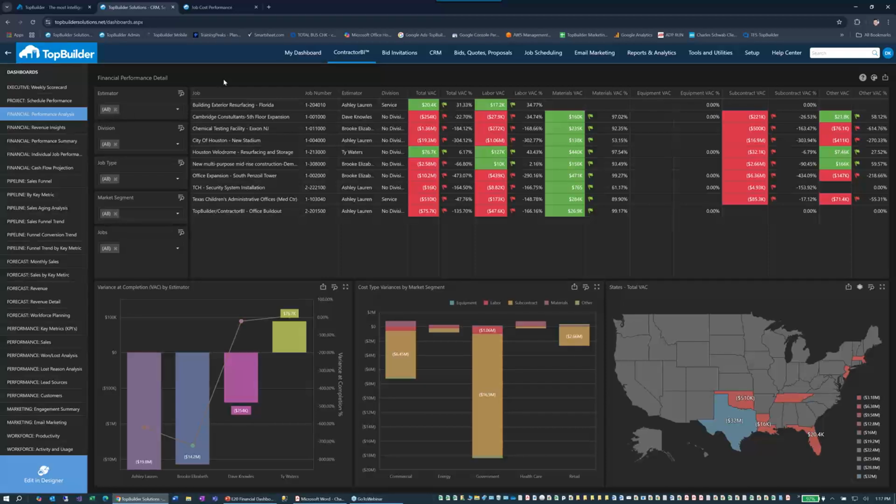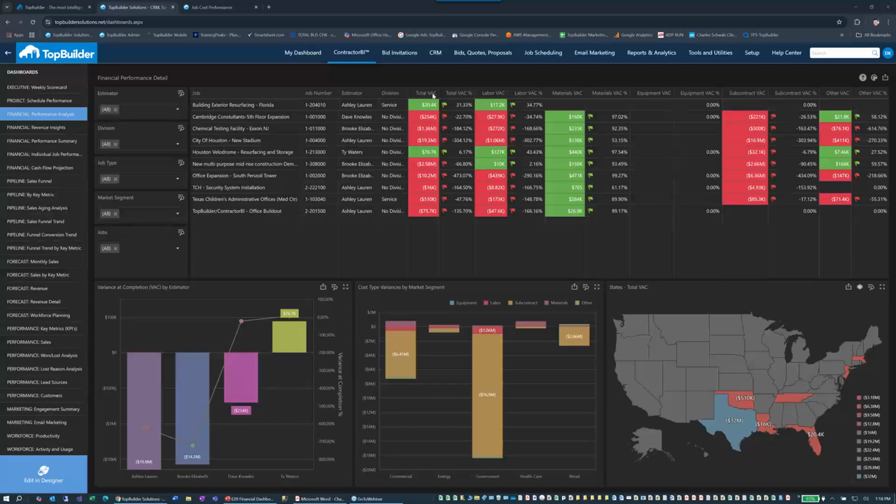So what we're looking at is the job cost performance analysis. And what we're doing right now is we're looking at all these jobs and we're looking at the red. And the red is telling us where the variances are. And so we're looking at the totals, materials, equipment, subcontract, and other.